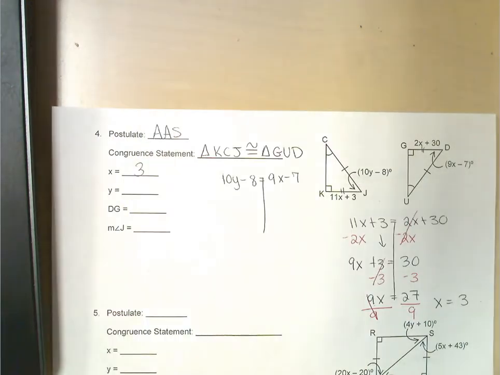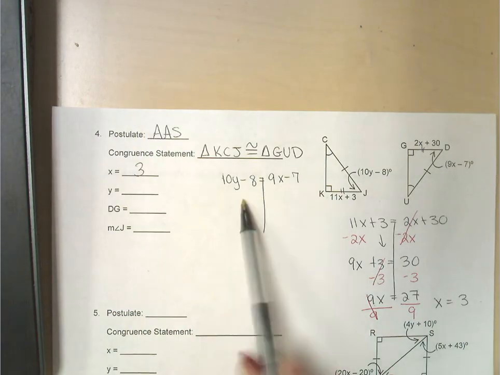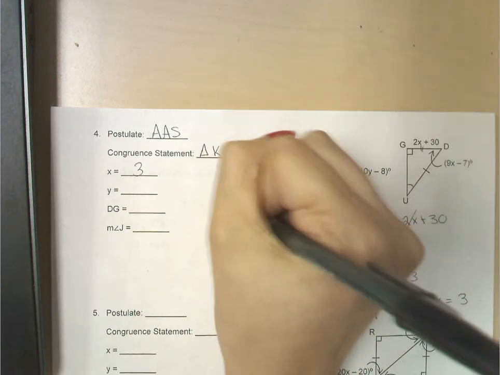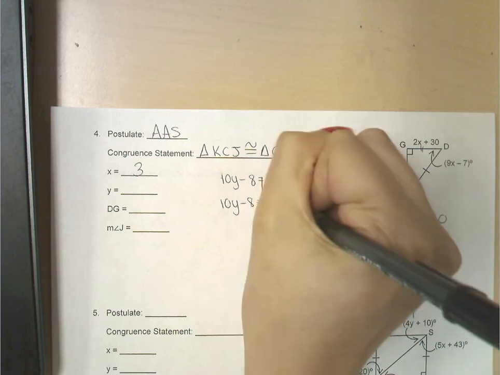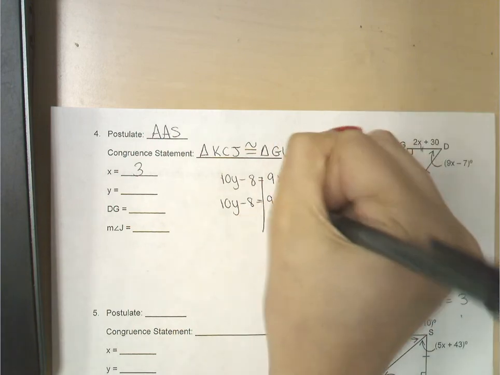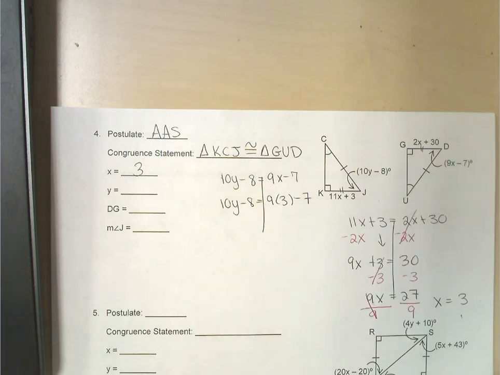So now that I have my x value, I can go ahead and plug it in for this equation so that I can find y. So I'm just going to copy my equation, but in the place of x, I'm going to put that 3. And I'm solving for y now.